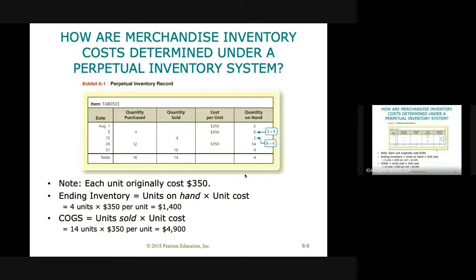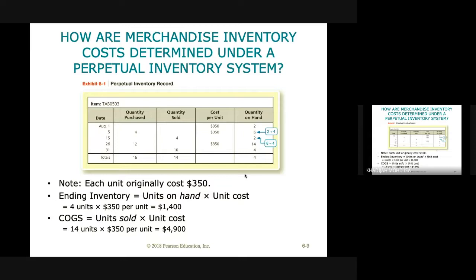Then on the 26th, you buy another 12 units, so 2 plus 12, you have 14 units. Assuming the cost per unit is $350, you should be able to know your closing stock. It means the number of units you have, in this case 14 units times the value of 350 ringgit or dollar.